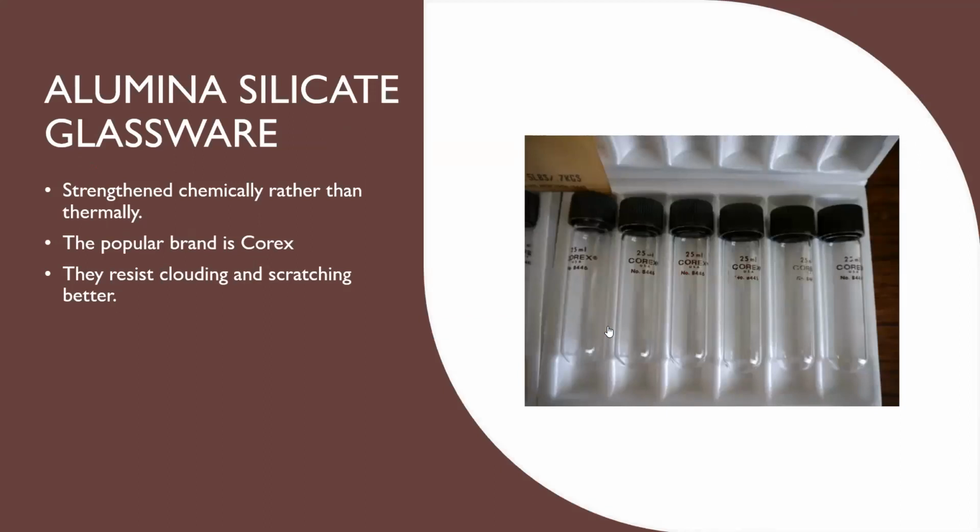Take note, guys, that aluminasilicate glassware is strengthened chemically rather than thermally. So bakit siya strong? Not because of its thermal resistance, but because of its chemical composition. Take note, people of God, that aluminasilicate glassware is 6 times stronger, or sana all, 6 times stronger than borosilicate glasswares.